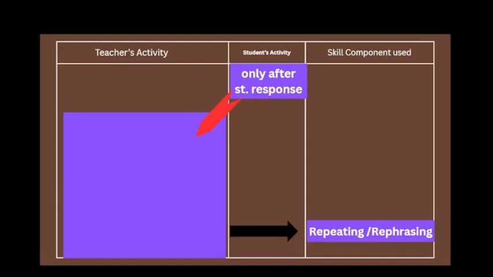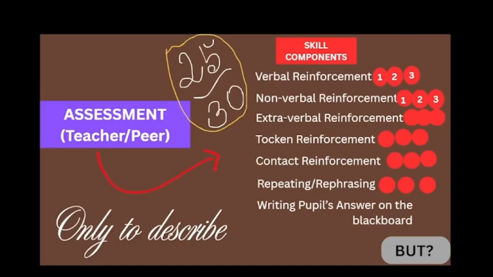This could also be done in a way that is likely to motivate the student's behavior in the near future. Writing the pupil's answer on the blackboard after the answer is given by the students.